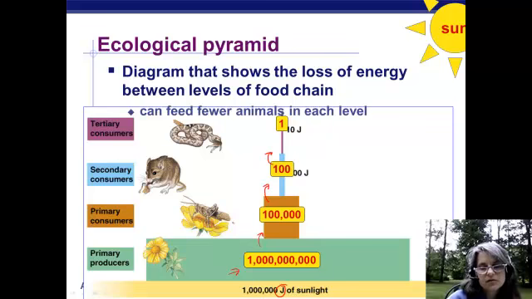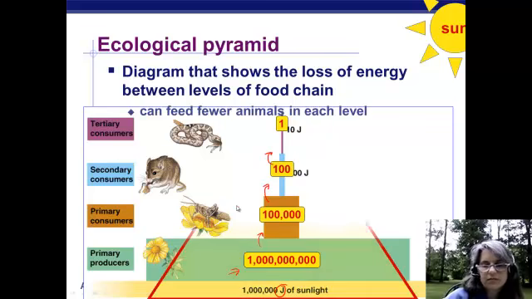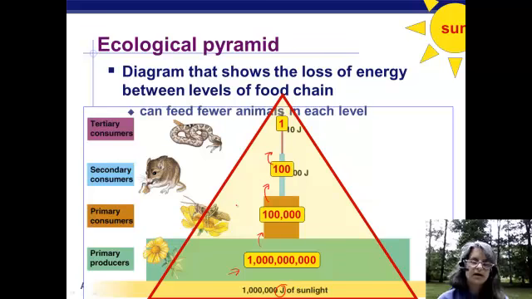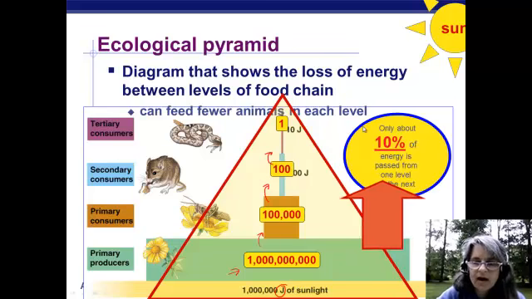So you can see we're losing energy as we go up the food chain, and that's why when we are looking at diagrams that show how energy is represented at each of the trophic levels, we get this pyramid idea, okay?